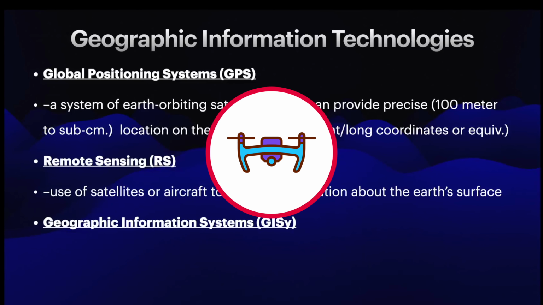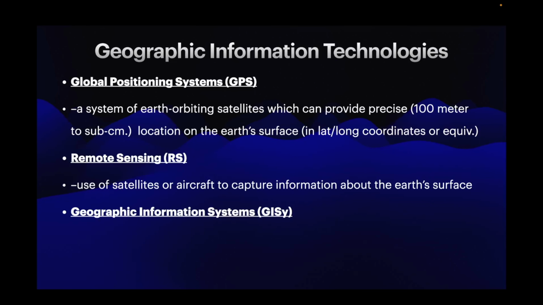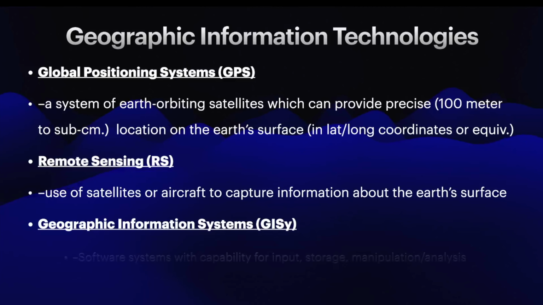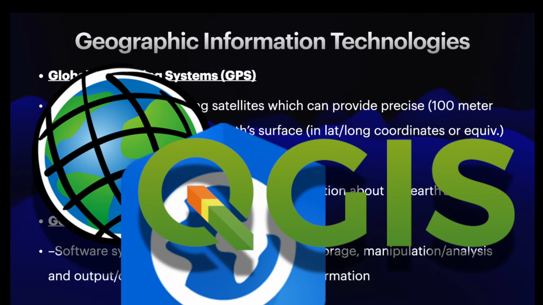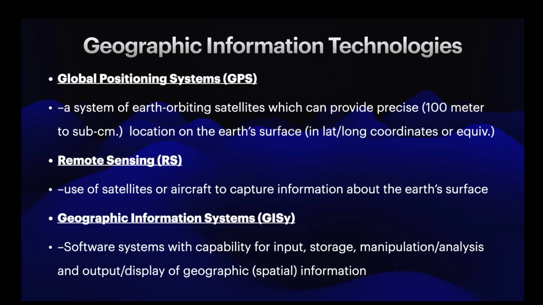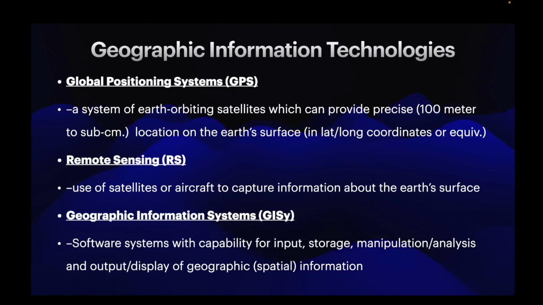Sometimes aircraft or drones are also used to capture those images. This is the data which is fed to the geographic information system, that is software like QGIS or ArcGIS Pro, which uses this data to store, analyze, and display the information based upon the user's preferences.